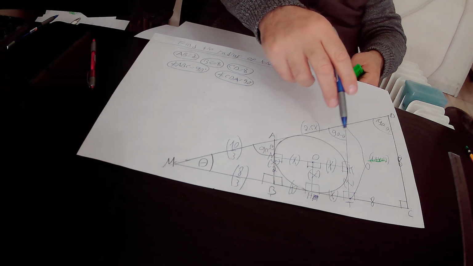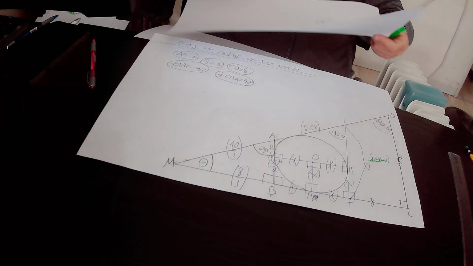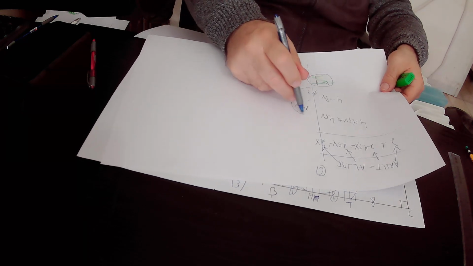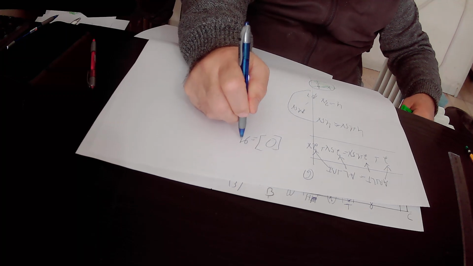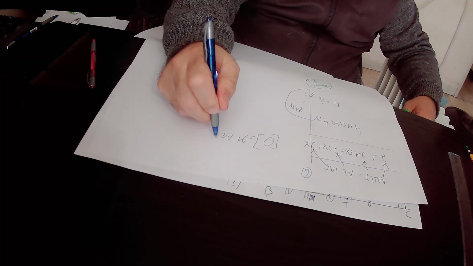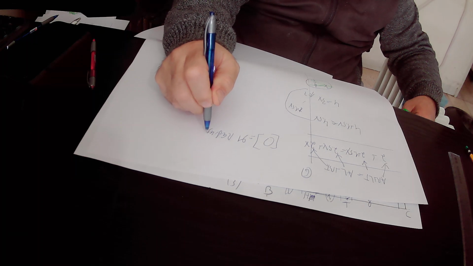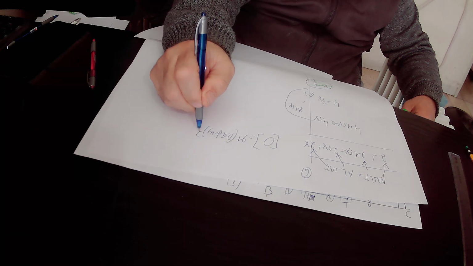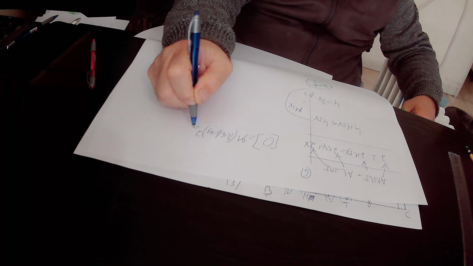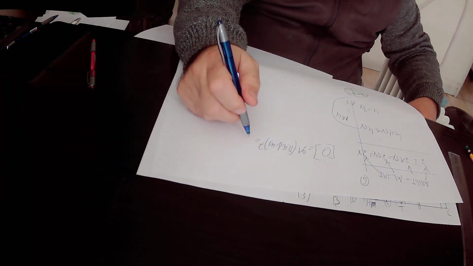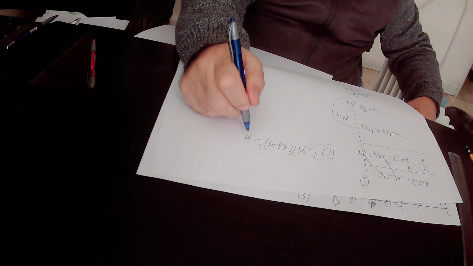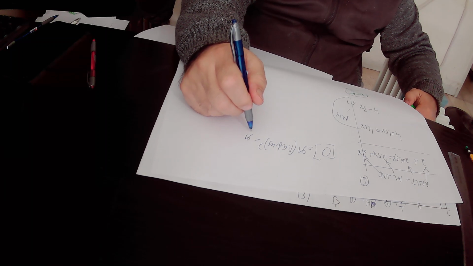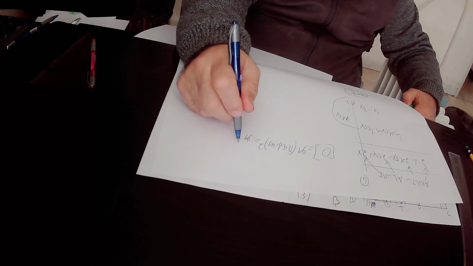Our mission is to find out the area of this circle. And we know that the area of any circle is pi times the radius squared. The radius is x, therefore the radius squared is x squared.